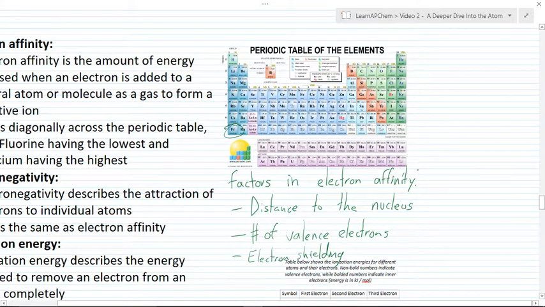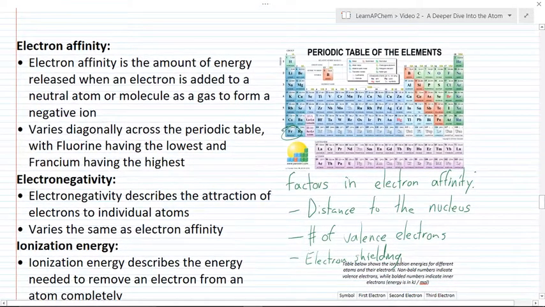So is this all the stuff that is going to be on the exam? They're not going to ask you this directly. They wouldn't ask you factors in electron affinity, but this is just something to sort of understand why the trend is there. But in general, you can probably get away with just knowing this.